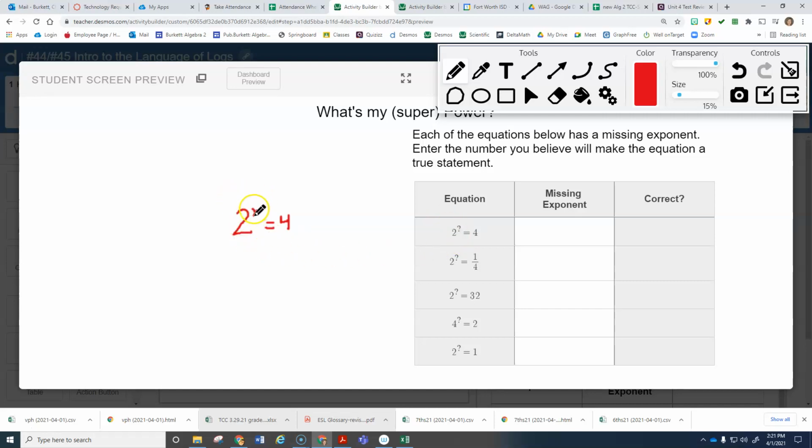This is more algebraic. Using the question mark is getting you to think about the meaning of the X. So we, as Algebra 2 students, recognize that a variable often should be thought of as an unknown value, and that unknown value is generally what we're trying to find.